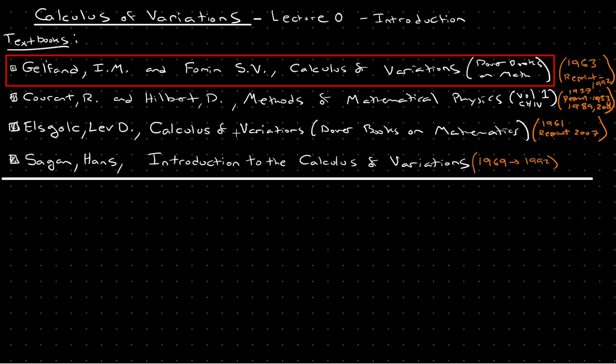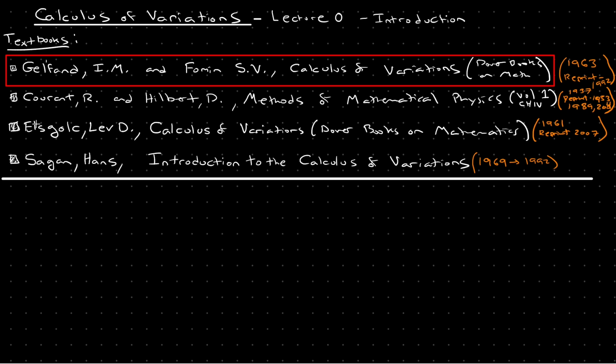The book Calculus of Variations by Lev Elsgolts is the third reference that I think is a fantastic reference. Originally printed in 1961 and reprinted in 2007. This is another Dover book on mathematics that I sincerely recommend. I believe the original version is available for free on the Internet Archive.